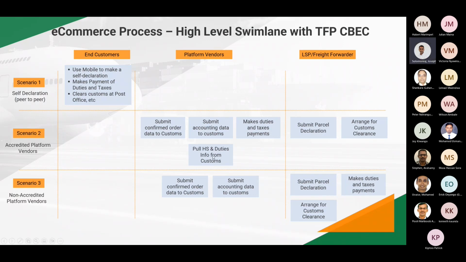If you look at the fourth box here, it also has the capability of providing HS and duty information to the platform, so that they are able to collect the duty upfront and also provide the relevant HS code or any other information needed for either customs or the OGAs, the partner government agencies, to identify what product it is. Yeah, I just wanted to add that.